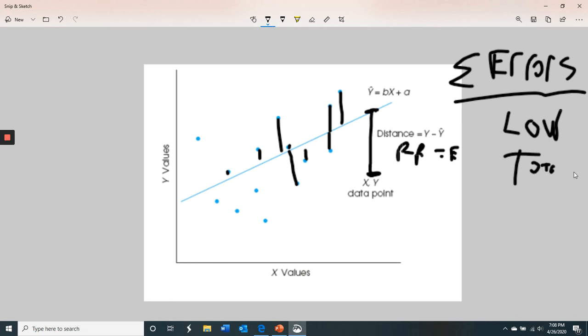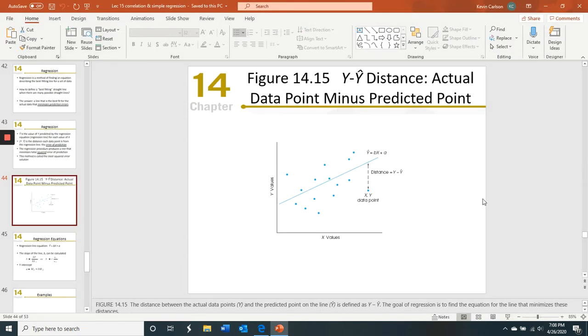So mathematically what's going on is the equations figure out how to have the lowest amount of error in total for the whole sample, and that's what the line is. This line is literally the best line in terms of having the lowest total amount of errors for everybody in our sample. That's what that means.